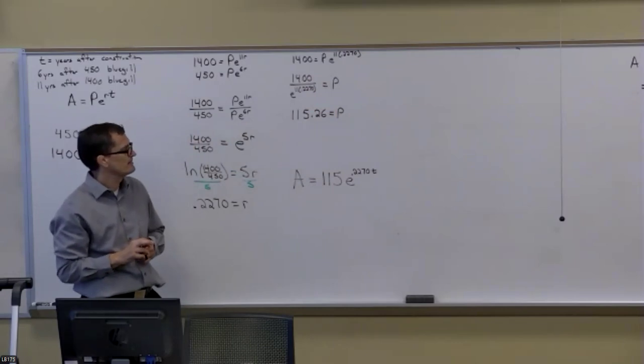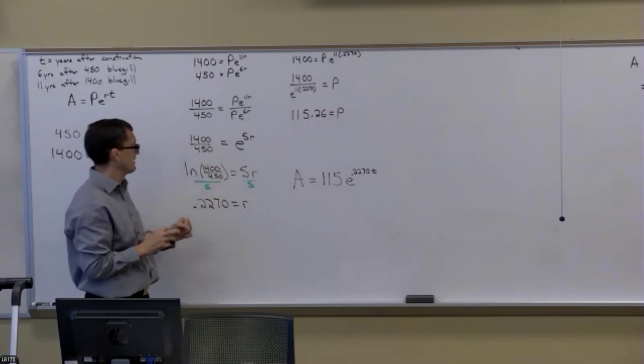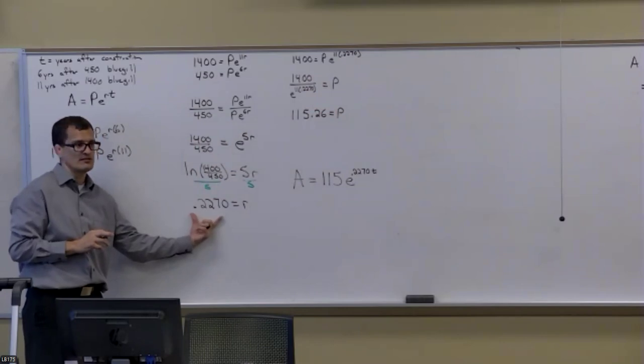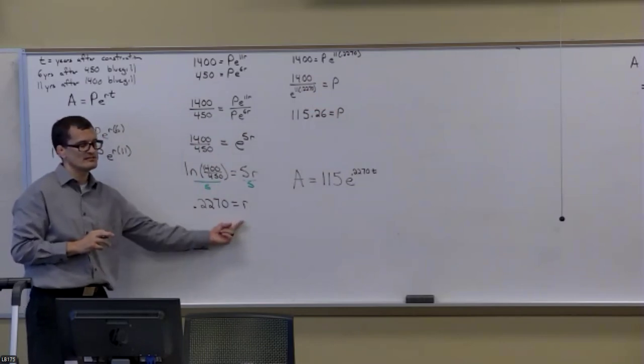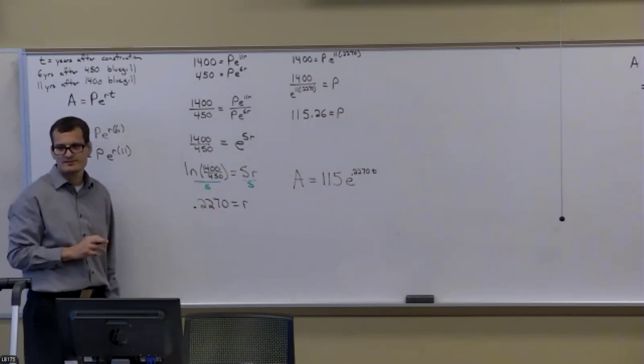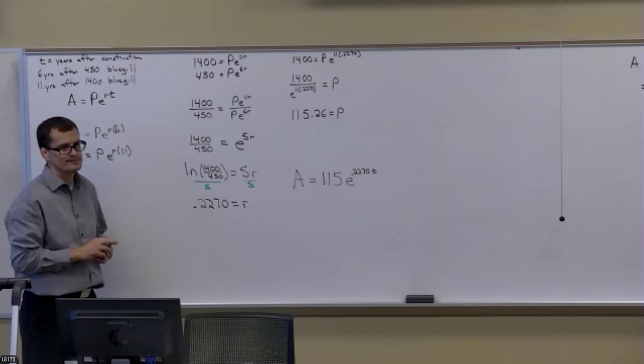And again, the reason why they're just slightly different is because I rounded this r value. Okay. If I didn't round this r value, if I went out to infinitely many decimals, then I'd be a little more accurate.